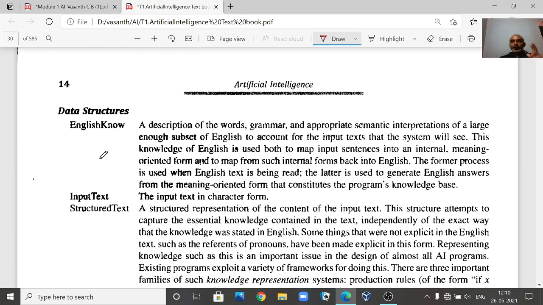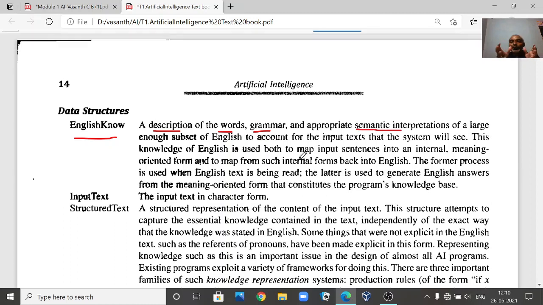Again here we are going to use data structures. What are the data structures we are going to use? First is English knowledge. We are going to describe words, grammars, and semantic interpretation of all these. You are going to build one small dictionary type.